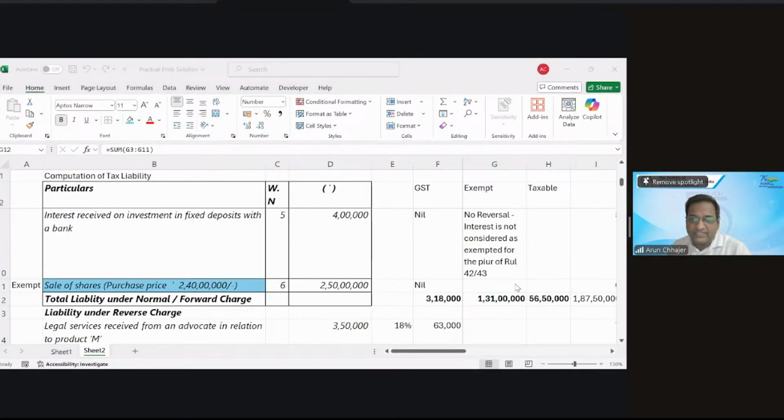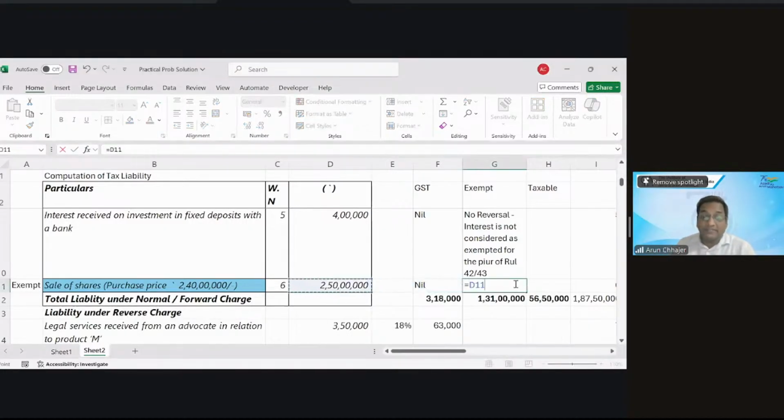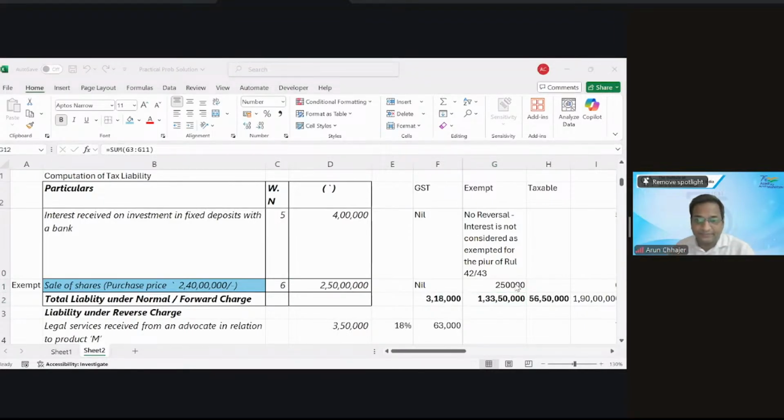What is the value of the sale of shares for the purpose of rule 40 to 43? That is 1%. Is it clear?